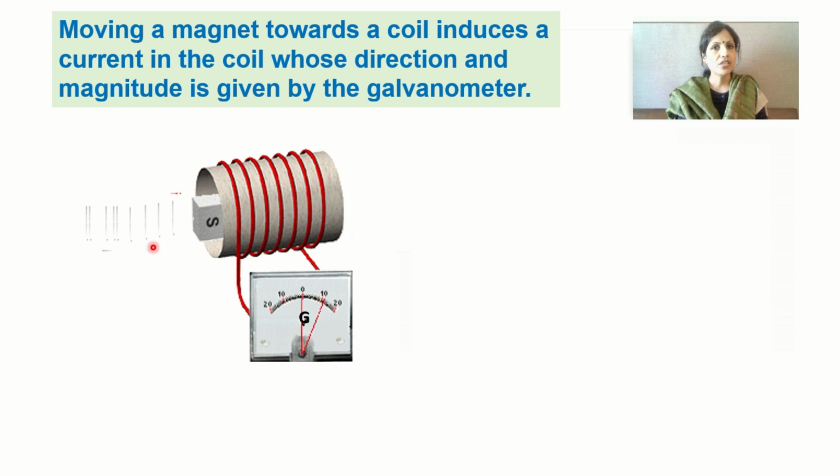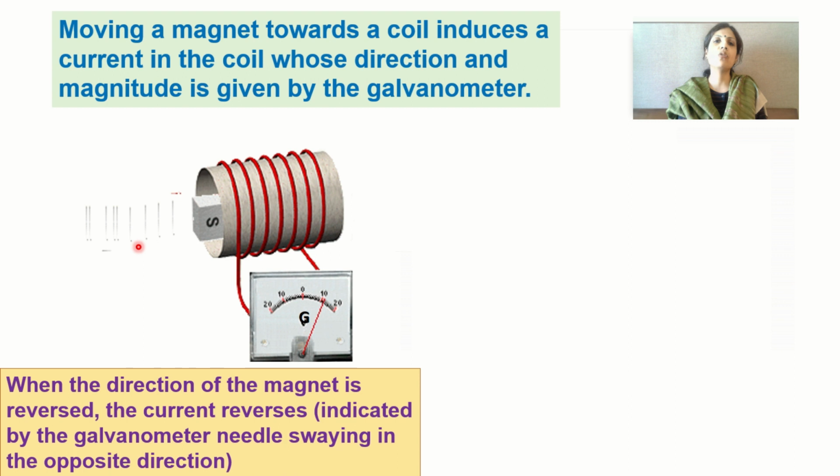So when you change the direction of the magnet, you can see that the deflection in the galvanometer also changes. Once it is going right, then it is coming to left. So when the direction of the magnet is reversed, the current also reverses, and this is indicated by the galvanometer.